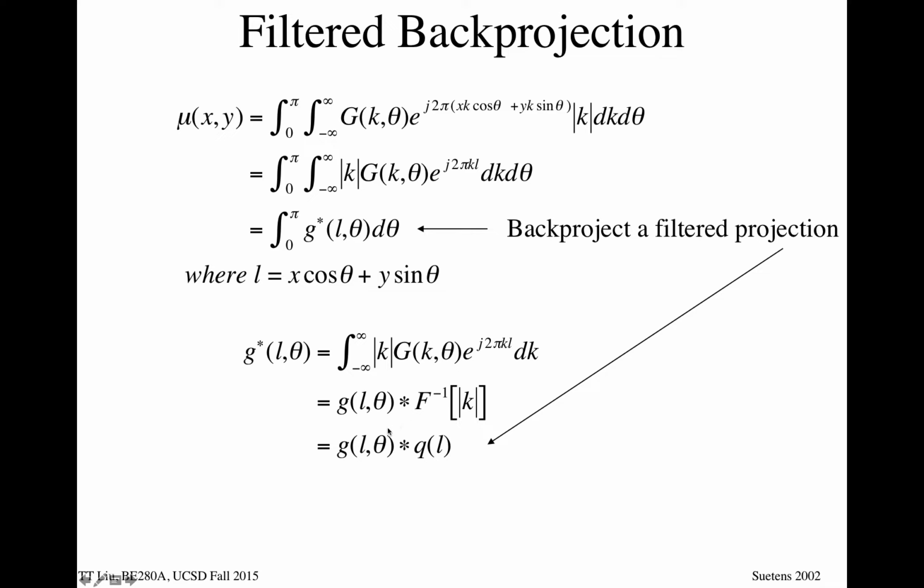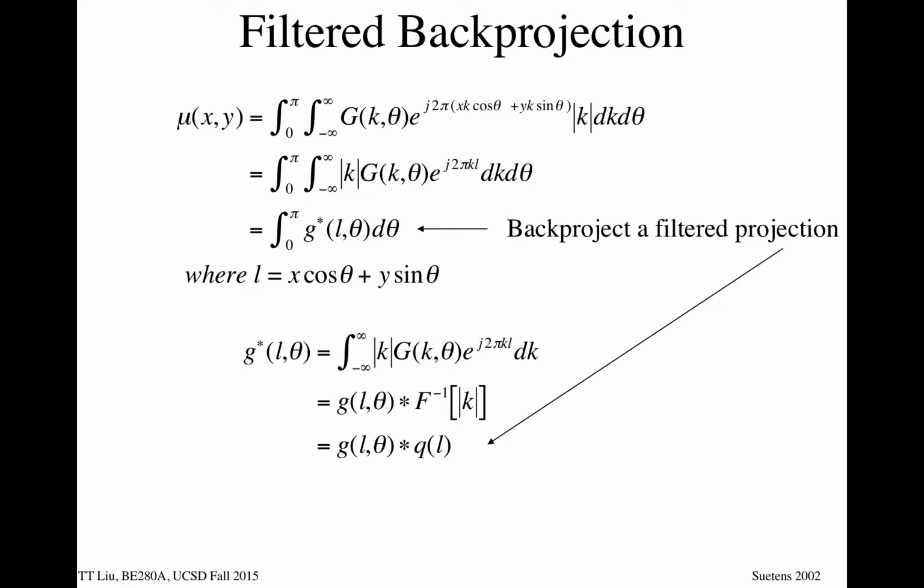And this tells us what we have to do in order to get mu xy. We don't back project the G L thetas. We back project this G star L theta. And G star L theta is G L theta convolved with the inverse Fourier transform of a ramp.